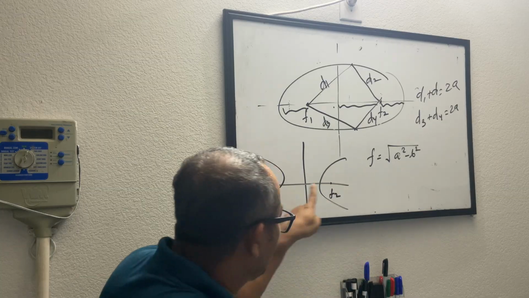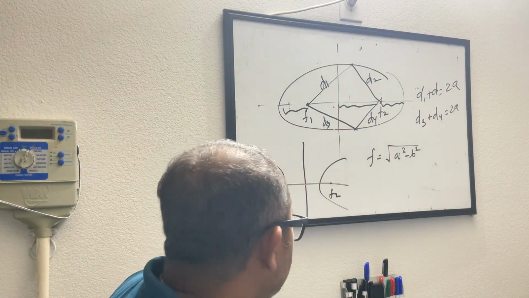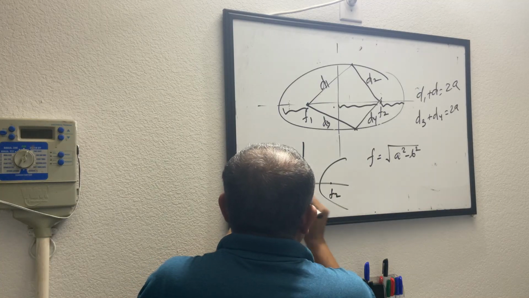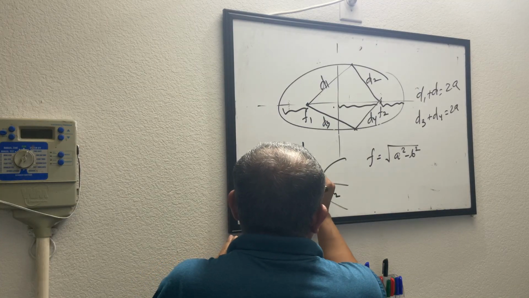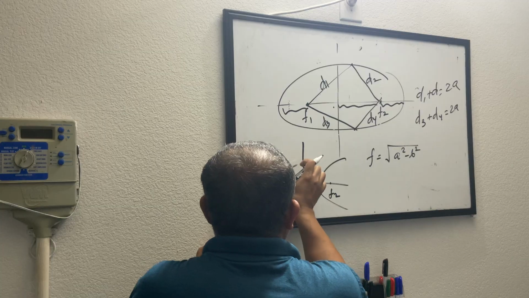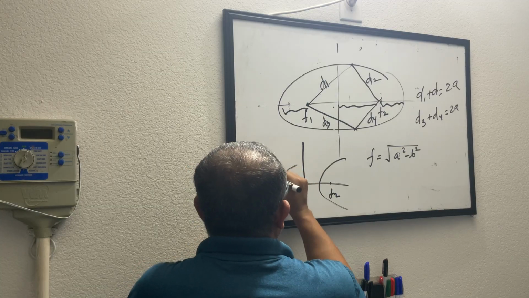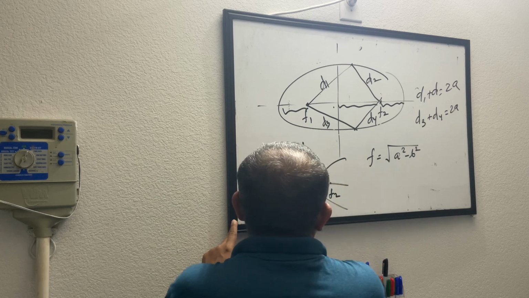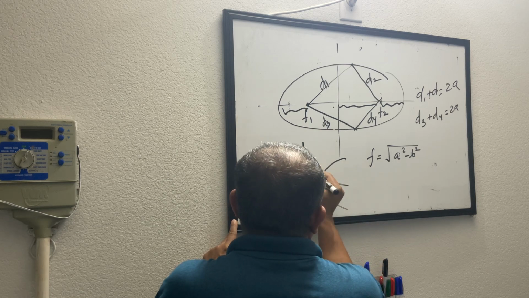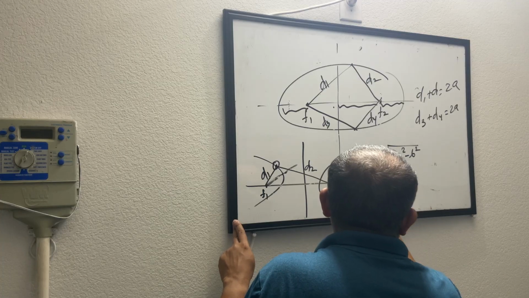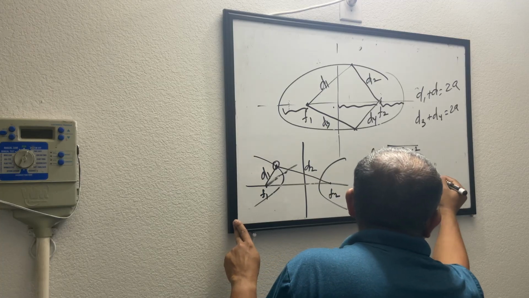There are two focal points along the major axis such that if you pick any point on the hyperbola, let's say this one is D1 and this one is D2, the difference between the two is fixed, and that is 2a.